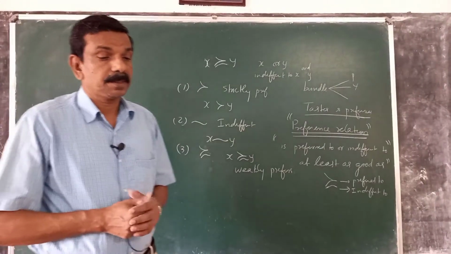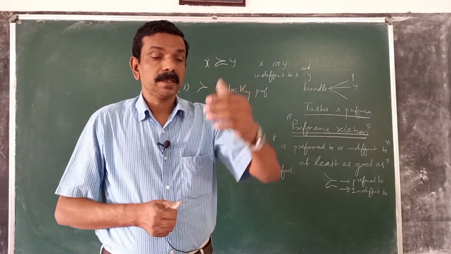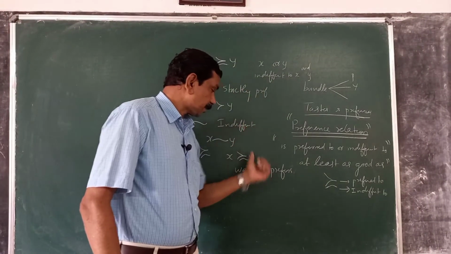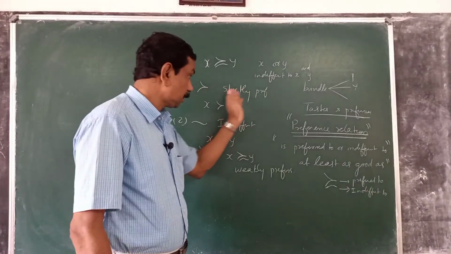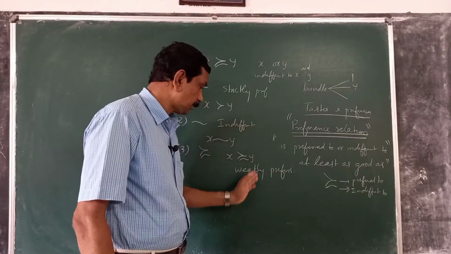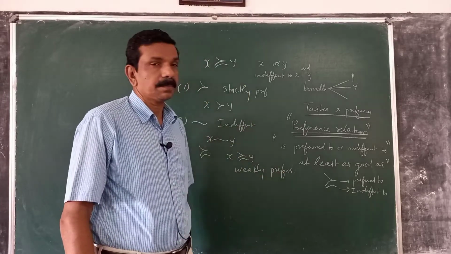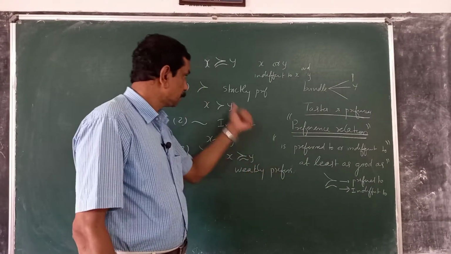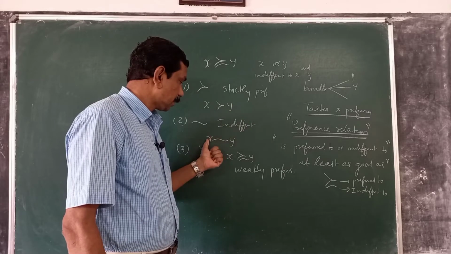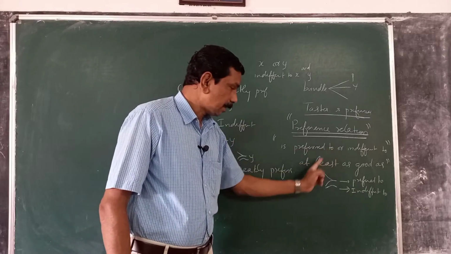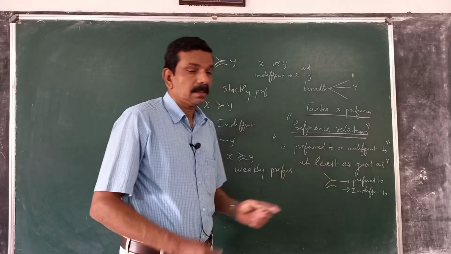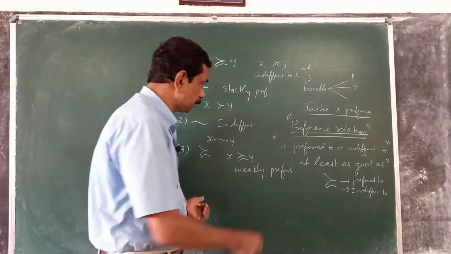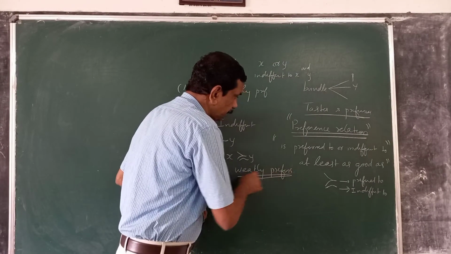Weakly prefers means prefers or indifferent. Strictly prefers and indifferent combined will give you weakly prefers. The bundle x is weakly preferred to the bundle y: x is preferred to y, or x is indifferent to y. Another usage is at least as good as, or simply preferred to or indifferent to. Preferred or indifferent to is also weakly prefers.